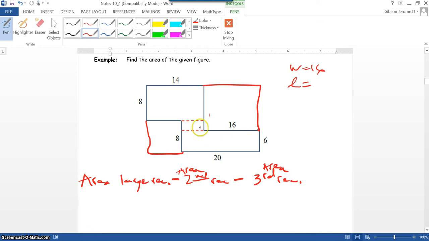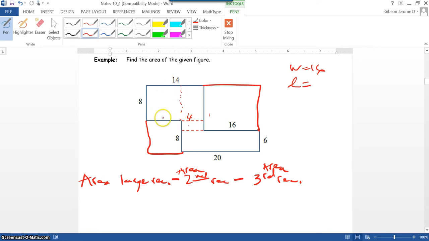But here's the problem. Now, to get these values here, we know from here to here is 16. But from here to here is 20. So there is a difference of 4 here. So we know this space here is actually 4. So if this space is 4, we know this would cut off 4 from up here.